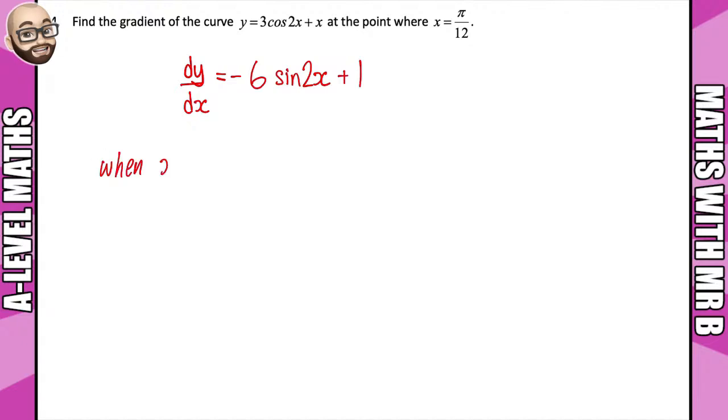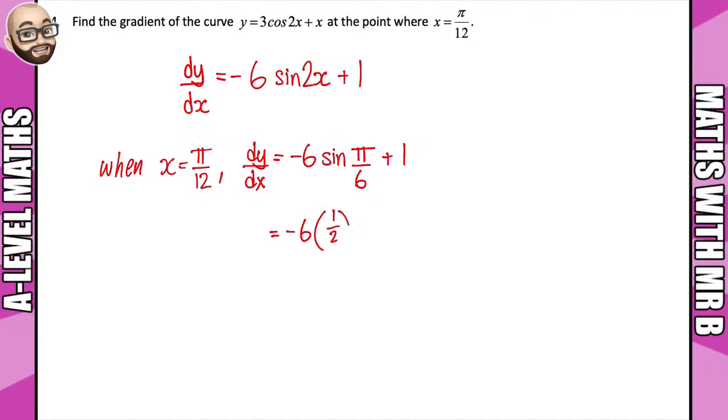When x equals pi over 12, dy dx becomes minus 6 sine of 2 lots of pi over 12, which is actually just pi over 6, plus 1. So sine of pi over 6 is a half, so this is really saying minus 6 times by a half plus 1, which is minus 3 plus 1, which gets us an answer of negative 2.